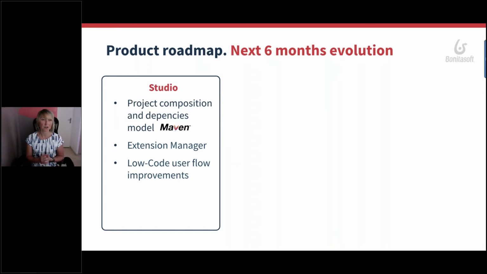Also, we are going to introduce what we call the extension manager in addition to Bonita Studio. And then we are going to improve the low-code user flow and introduce new features to low-code. So as I said, the first 2 improvements are going to be included in 2021.2.